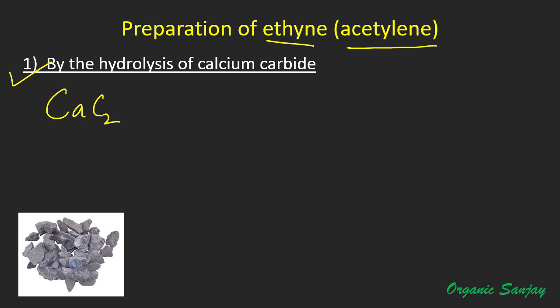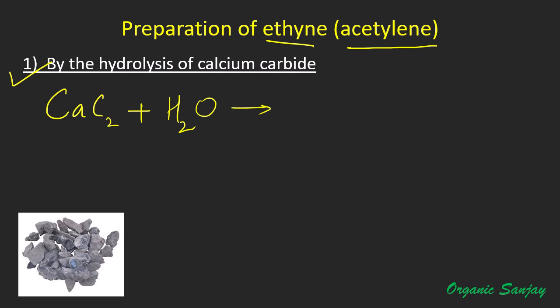And if it is in powder form, the reaction will be faster. If this calcium carbide is in powder form, surface area will increase, rate of reaction will increase, so the reaction will be faster. So to increase the rate of formation of ethyne gas, you can change this into powder form. So let me write the chemical equation: calcium carbide plus water, H2O.